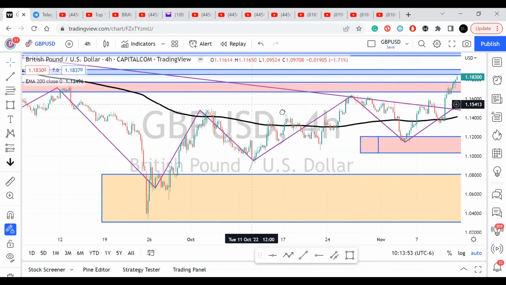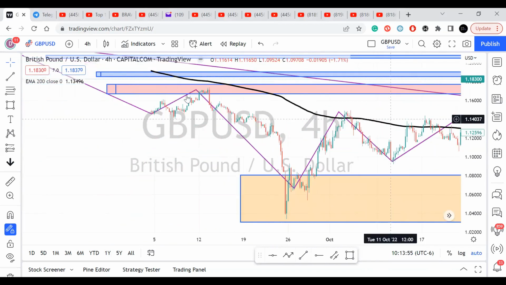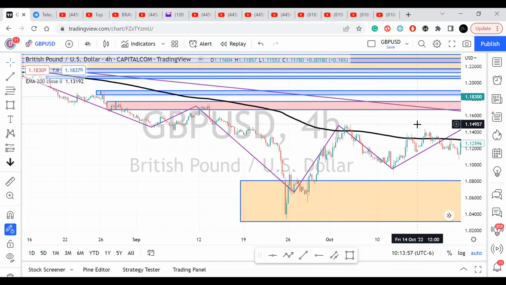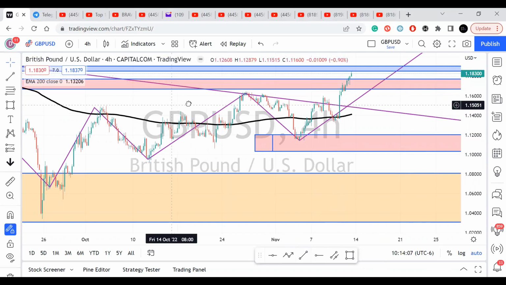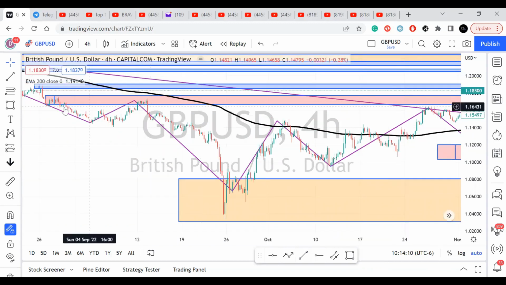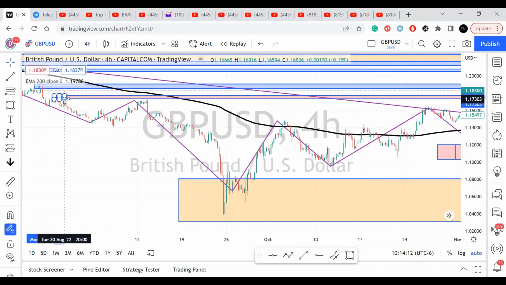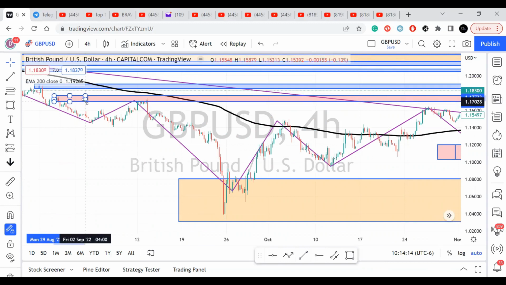So this was our daily. We had a daily high here. Price already broke this daily high. Small for easy identification.